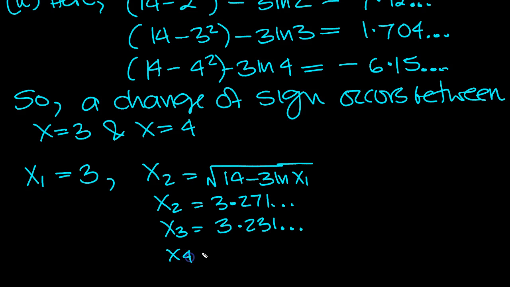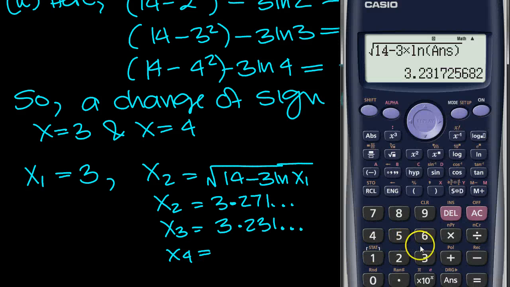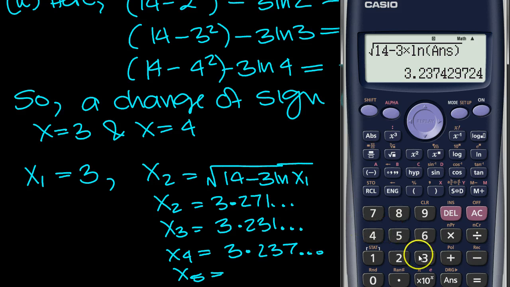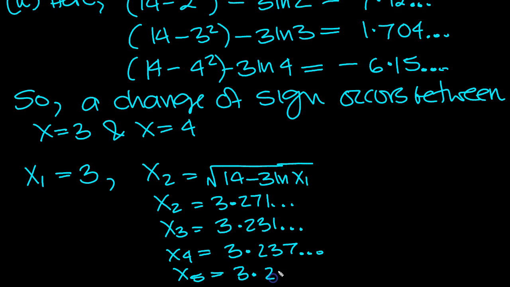x4 is equal to 3.237, and x5 is equal to, let's just press it once more, 3.236, and so on.